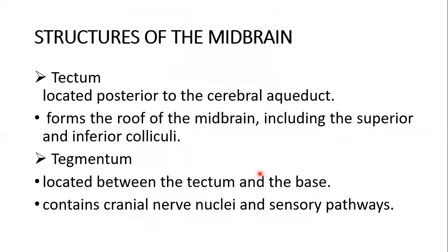So these are the three parts. You can see there, tectum, which includes the superior and inferior colliculi, and the tegmentum contains the sensory pathways and the cranial nerve nuclei.